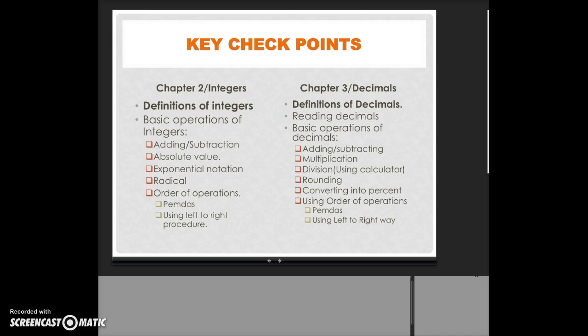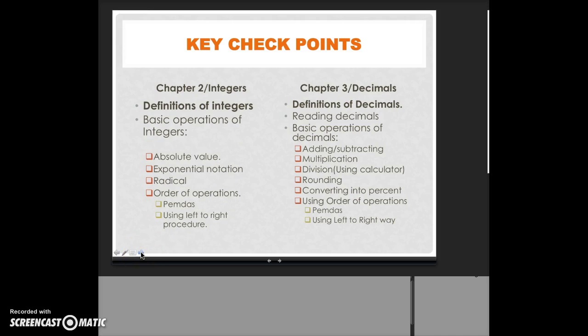So a couple of key points to remember from chapter 2 and 3 before we get into chapter 4. In chapter 2, we have to remember the definition of integers, something that we talked about with negative numbers and how to approach negative numbers. Adding, subtracting those numbers, for example, absolute value.